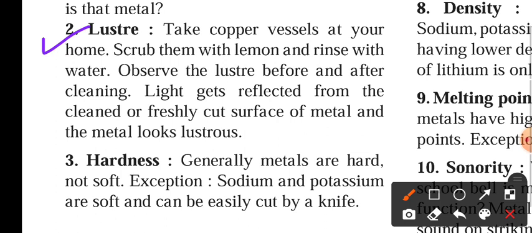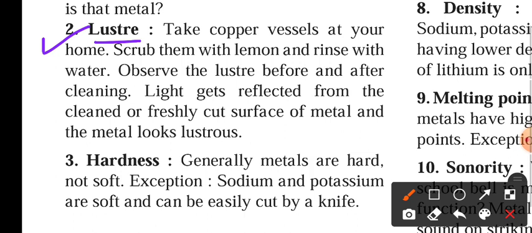All metals, if we polish them, will start to shine, and that particular property is called luster. A basic example is a copper pot: if we wash it with lemon, it starts to shine.